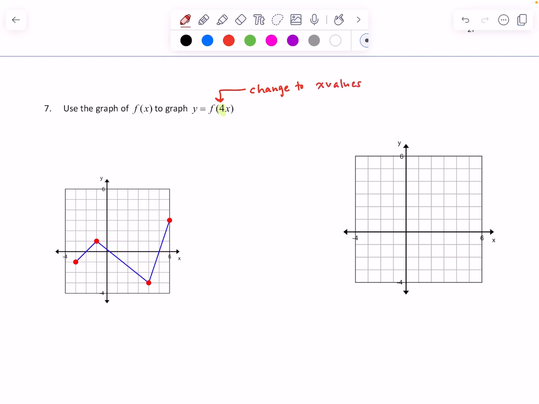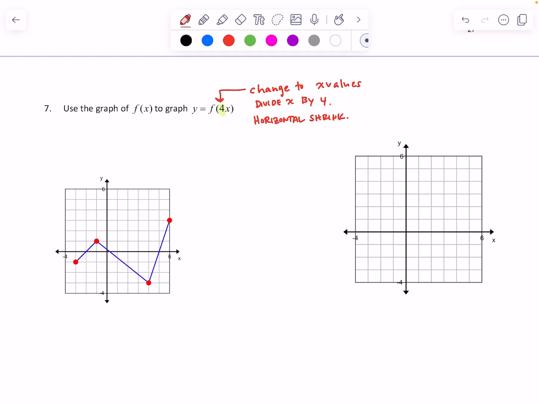And because it's a change to the x values, it looks like we're multiplying them by 4, but what we actually want to do is divide them by 4. So this is going to be a horizontal shrink. I really like this example because I always talk about the shrinks being like an accordion, and because of the bends in this one, we're actually going to get to see that accordion thing happen.